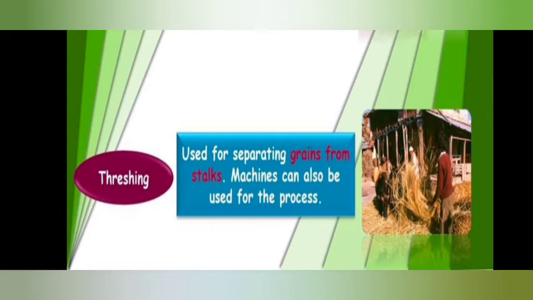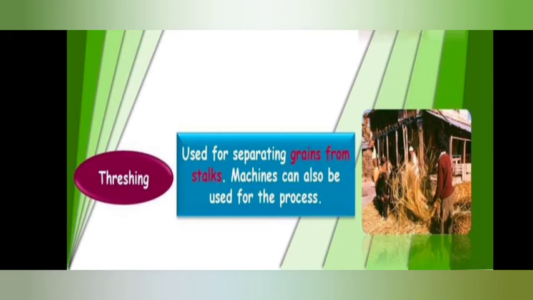How are the grains separated from the stalks in the bundle? The process of separating grains from the stalks is called threshing. Threshing can be done with the help of a machine as well as by beating the stalks with sticks on the ground.